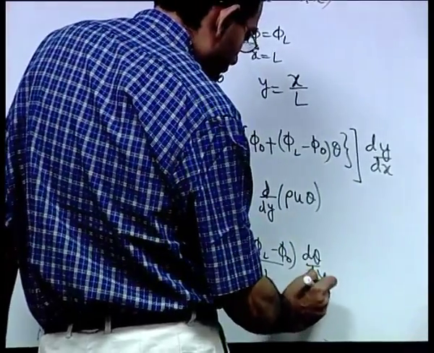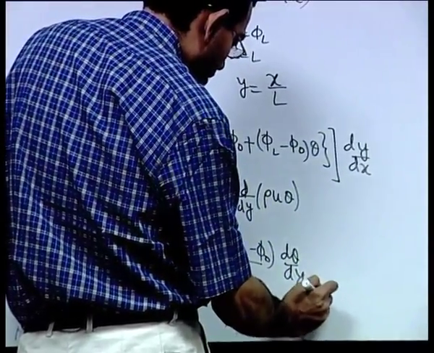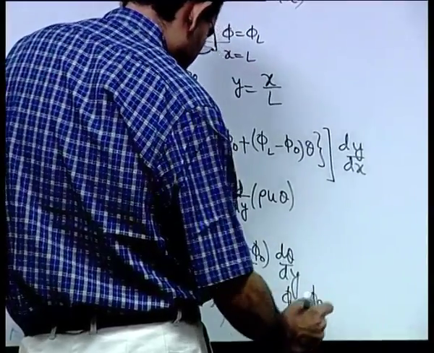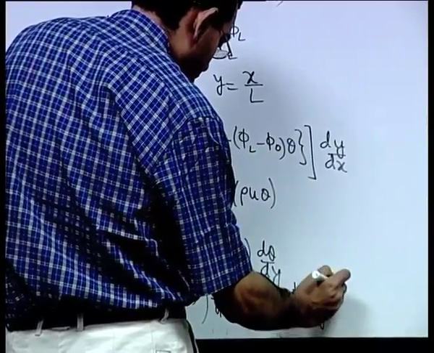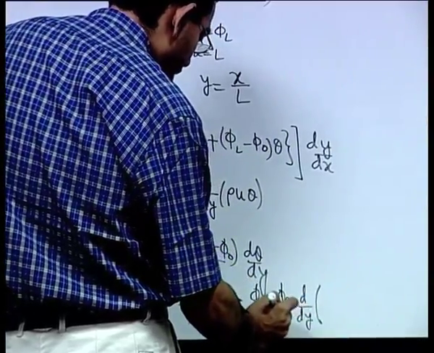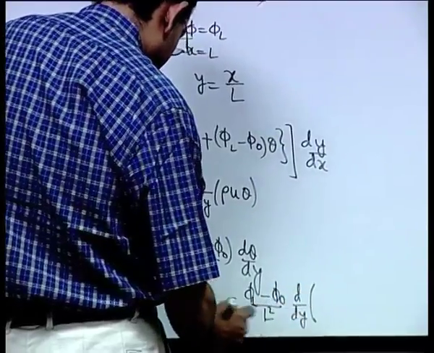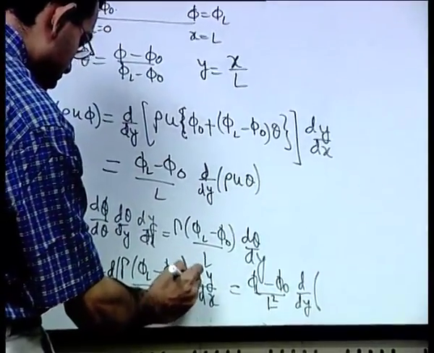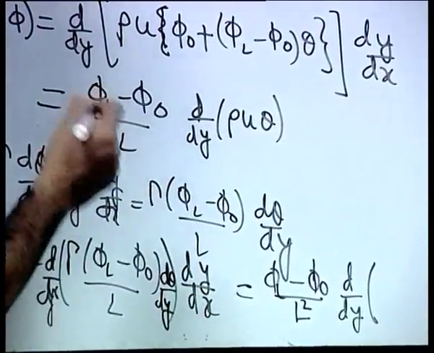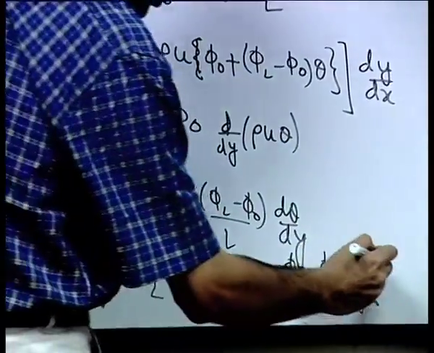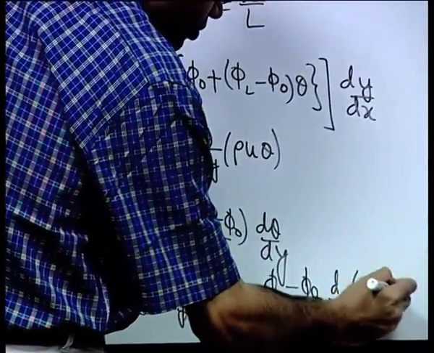So this is (phi L minus phi 0) by L into d/dy of, there is one d theta dy inside, d/dy of gamma d theta dy.